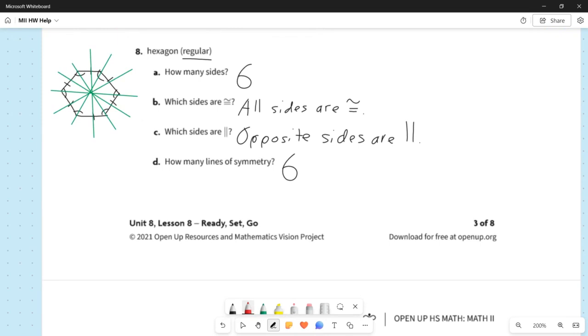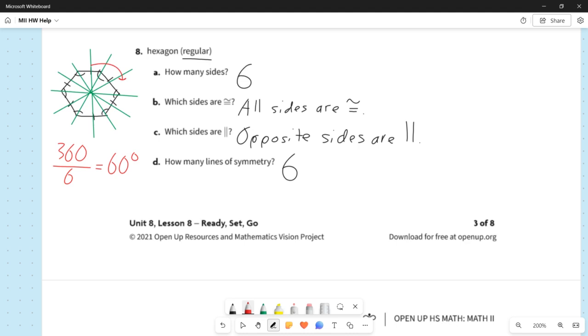And then the last part is, what is the measure of the smallest angle of rotational symmetry? Probably the easiest way to think about this is you start at 0, and then what's the smallest angle that I could rotate this by to basically get the same figure? Well, notice that all of my angles are congruent here, and I have 6 of them. So if I take this hexagon and rotate it 60 degrees, everything is just going to fit into place.